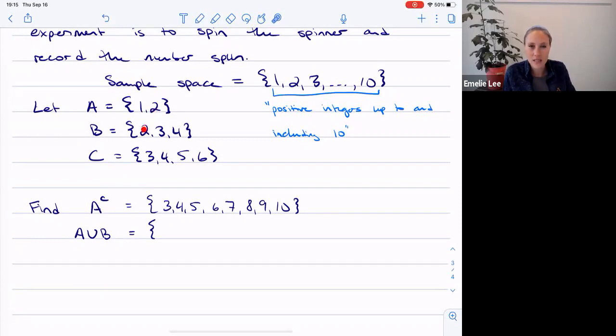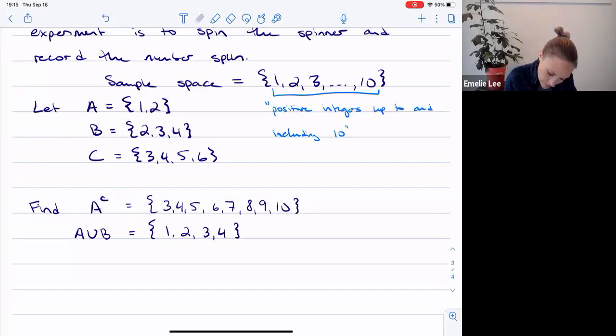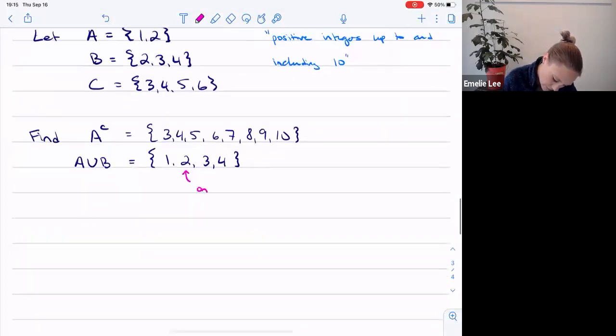I should only list it once. So 1, 2, 3, 4 is going to be A or B. Only list each value once.